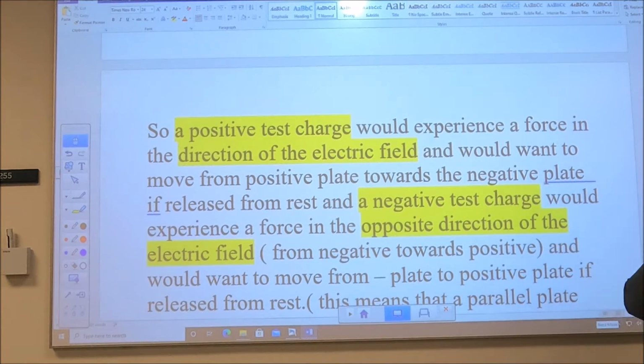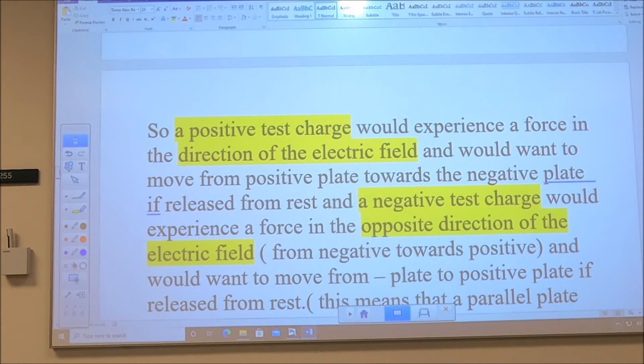So a positive test charge in between the plates of a parallel plate capacitor moves in the direction of the electric field vectors. So it's going to move from the positive plate toward the negative plate, or experience a force from positive plate to negative plate. If we released it from rest, it moved from positive plate toward the negative plate.